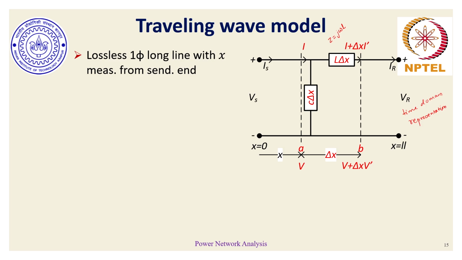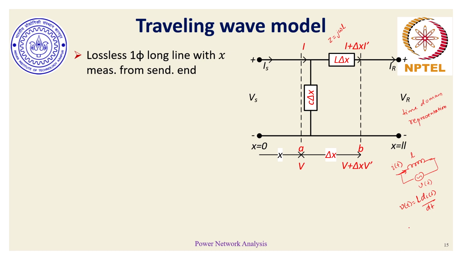Before I go deeper into this discussion, if I have an inductor whose inductance is L, and across this inductor I apply a voltage source V of t, and I want to find the expression of current through this inductor in time domain, then the basic property of an inductor states that the voltage drop across it is the first derivative of the current through the inductor multiplied by the inductance.